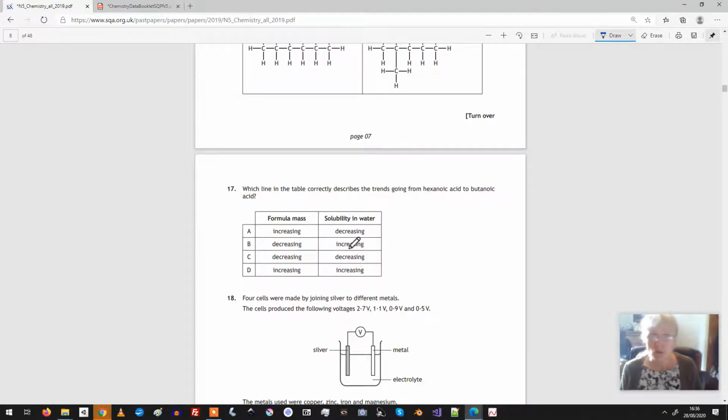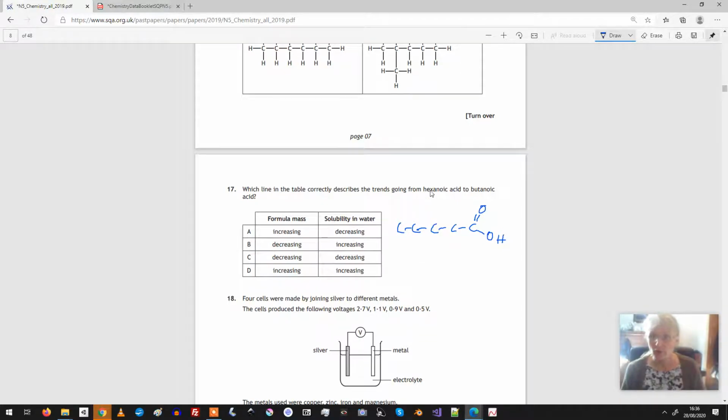Now, the solubility in water. So acids, the acidy bit, the COOH, this bit, that's hydrophilic. It wants to dissolve in water. But the carbon chain bit, that's sort of like fat or oil or something like that, this carbon chain bit, that's hydrophobic and that doesn't want to dissolve in water.